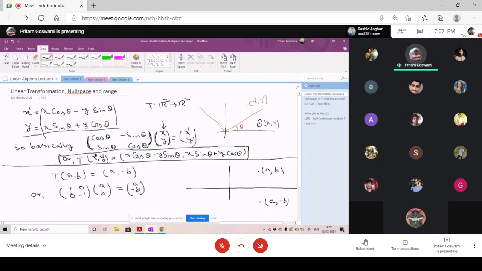So basically after multiplying this matrix with this point, you will get another point, x dash y dash. That is basically the new coordinate of the point after rotation.